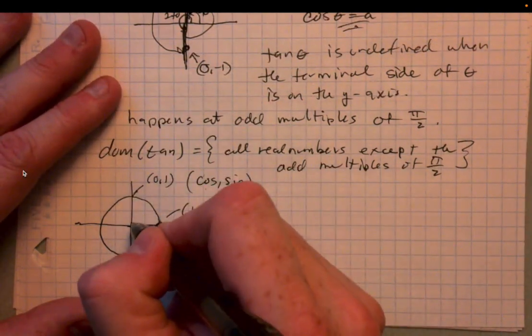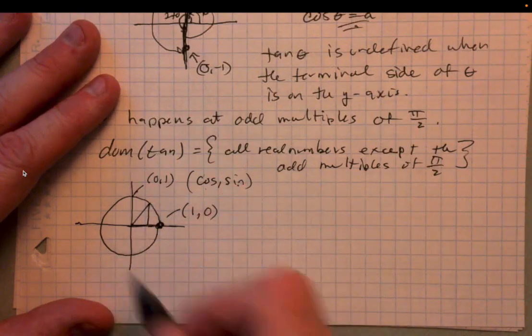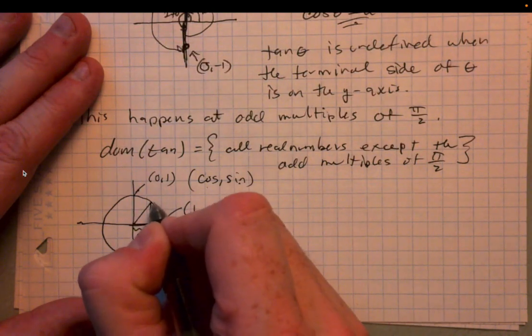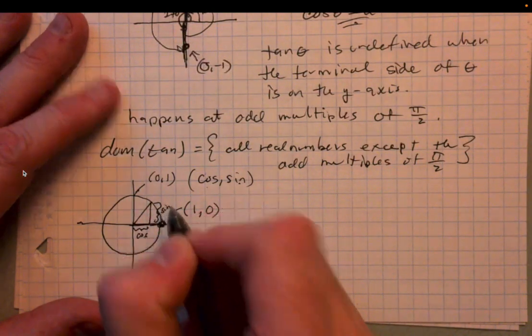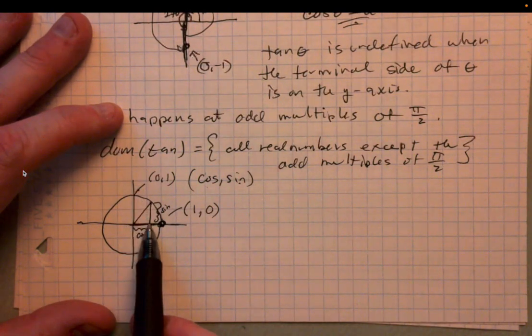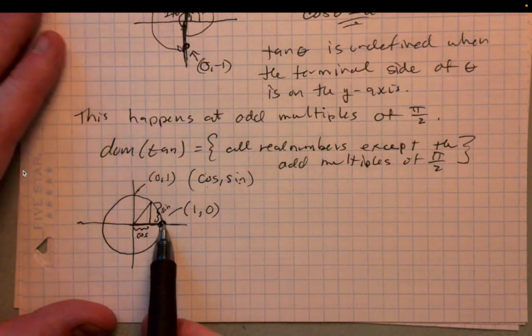And so a good way to think about it is at each point on here you've got some implied triangle, right? This length here is the cosine, and this length here is the sine. Now as this triangle moves up, obviously the cosine is going to shrink. At the bottom here, the cosine is everything, it's 1.